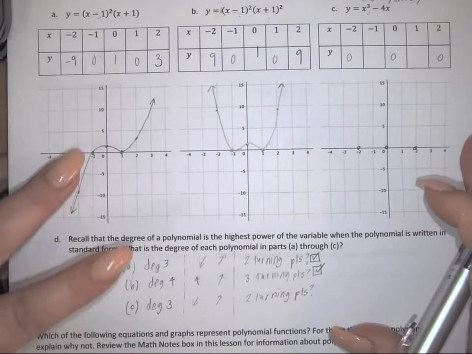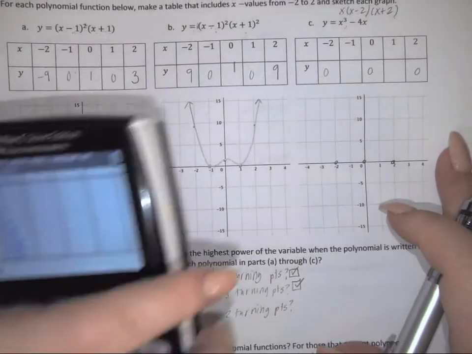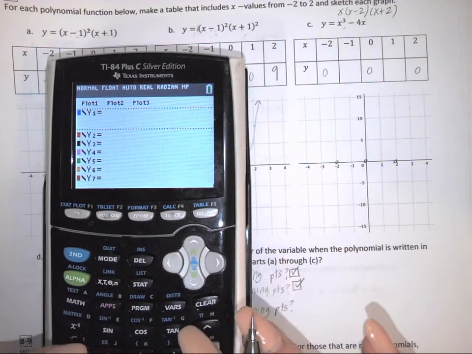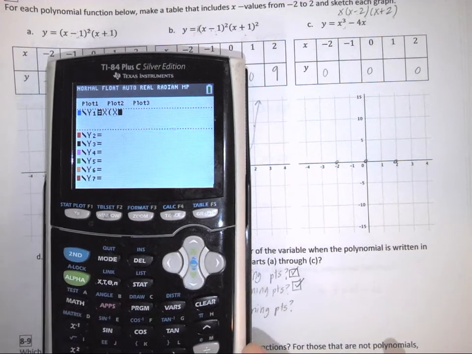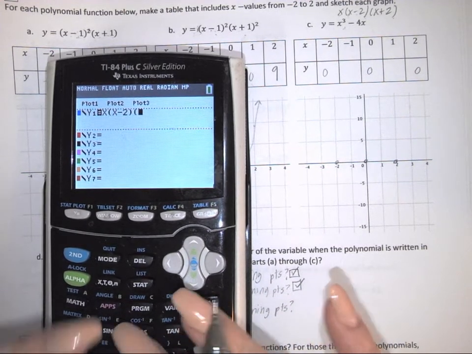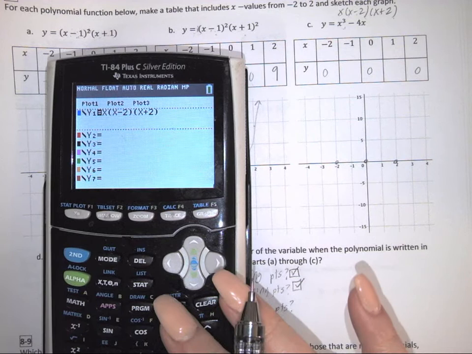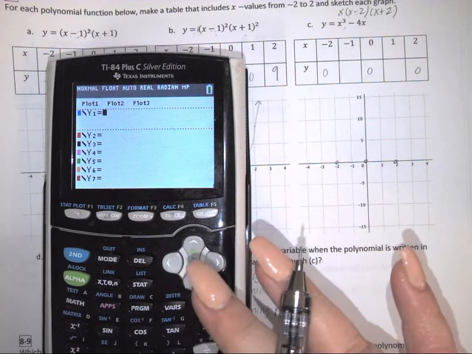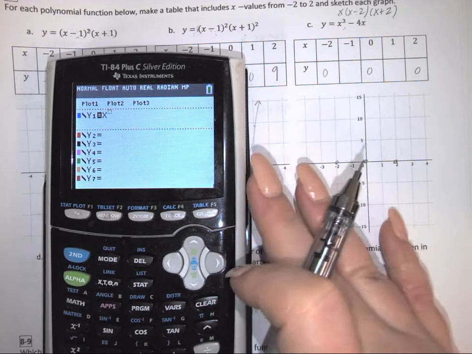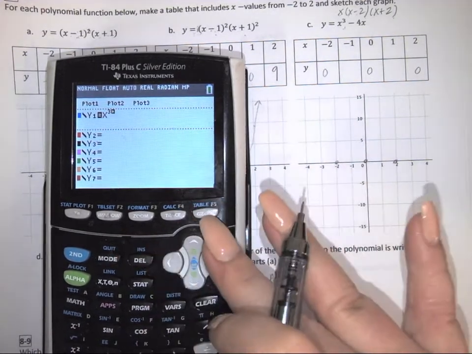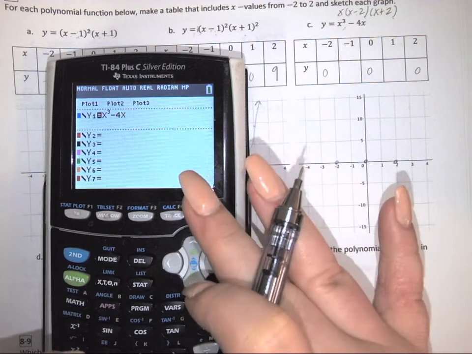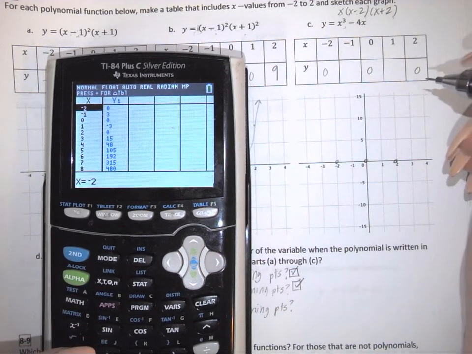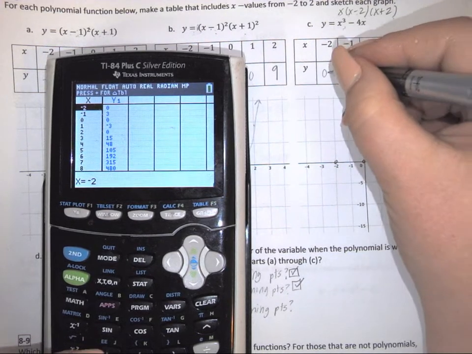Okay, and then this one, let's plug these in. Let's clear this. X times x minus 2, x plus 2. Or, well, let's plug in our original one, x cubed. Negative 2 is 0, like I said.